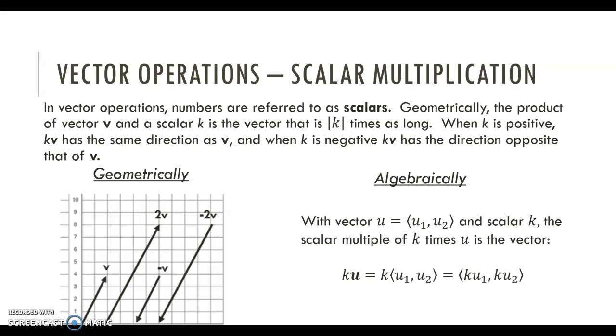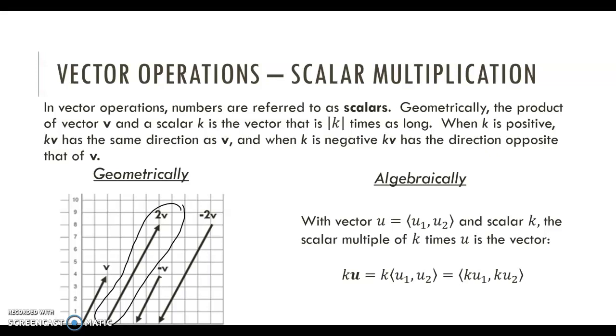If we start with vector v and multiply it by 2, notice that my vector is still going in the same direction because 2 is positive, but the vector itself is twice as long as that original vector. If we have a negative v vector, or a scalar of -1, notice that it has the same magnitude, or length, but it is now going the opposite direction.